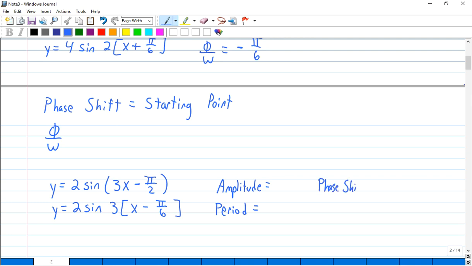And remember what the phase shift actually is. That's our new starting point. It will be positive on this problem. And then we're going to come up with our ending point, meaning where does one complete period end?